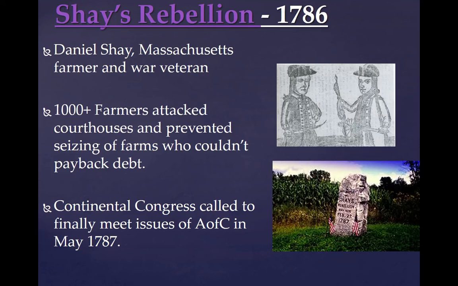And what they do is they go and attack courthouses, looking to wipe away some of this debt that they had, and preventing the seizing of farms from people who couldn't pay back this debt. It's a big uprising, and this is a big cause of concern for the founders and what they had planned and the ideals of the revolution in the first place.